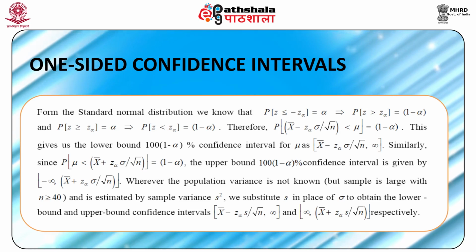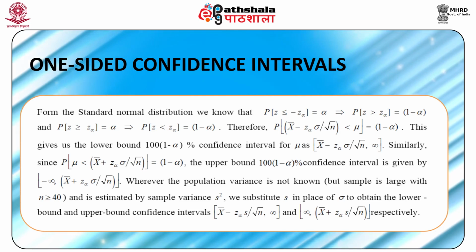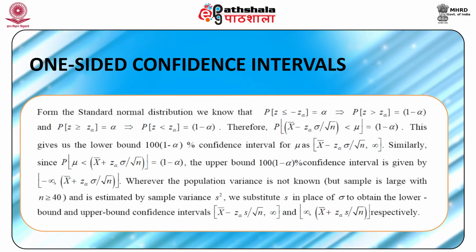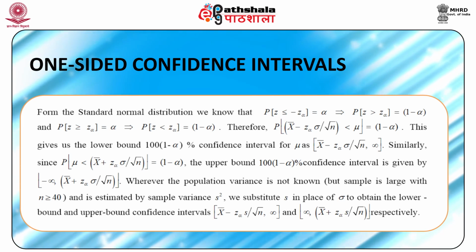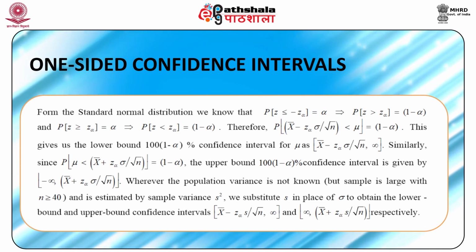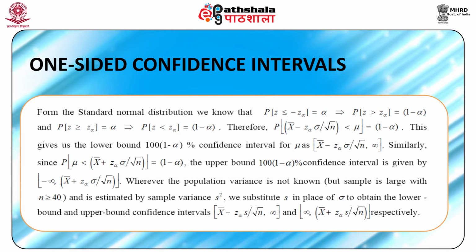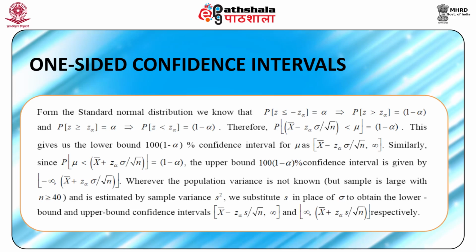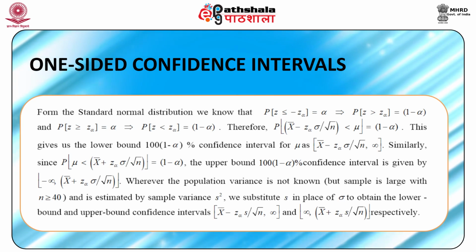Now we know from the standard normal distribution that the probability that Z is less than or equal to minus Z alpha is equal to alpha. This is equal to the probability of Z greater than Z alpha, and this could also be written as equal to 1 minus alpha.